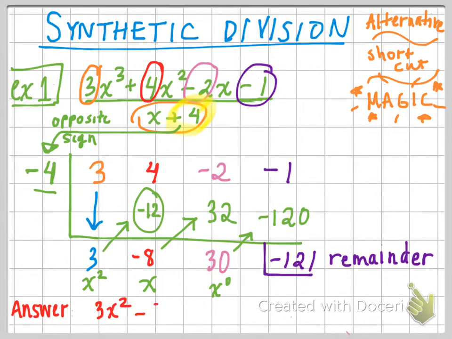Then negative 8x, then plus 30, and it's an x to the 0, so I'm not even going to write anything. Now to represent the remainder, I'm going to do the negative 121 divided by the original x plus 4, right? What we're dividing by to begin with. And that would be my final answer.